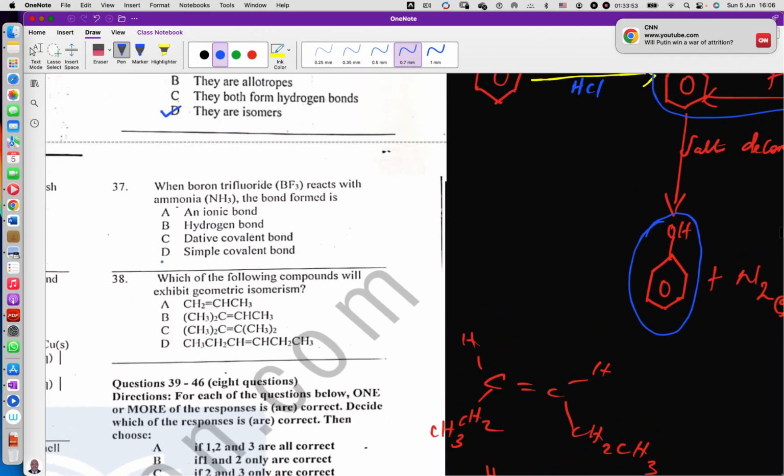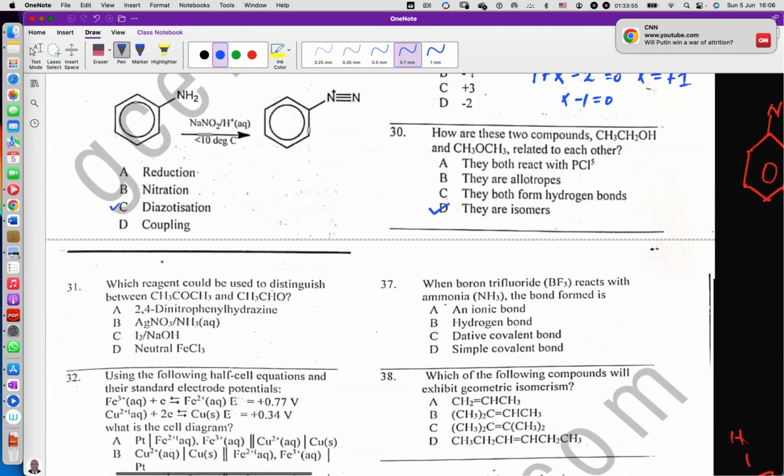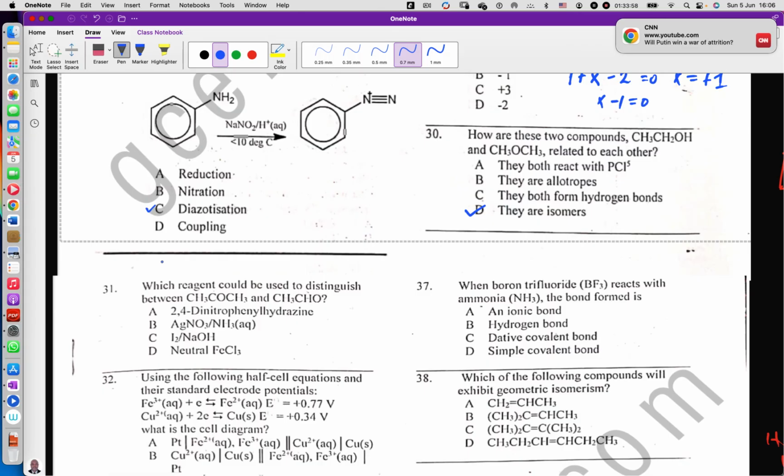Not 37, let's go to 31. Which reagent would be used to distinguish between an aldehyde, ethanal, and propanone?